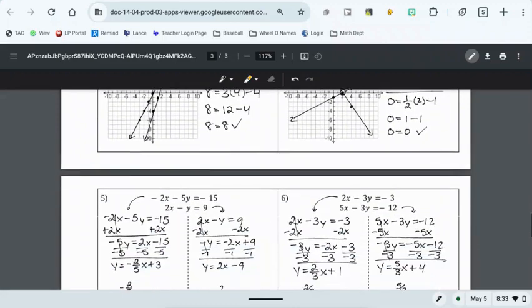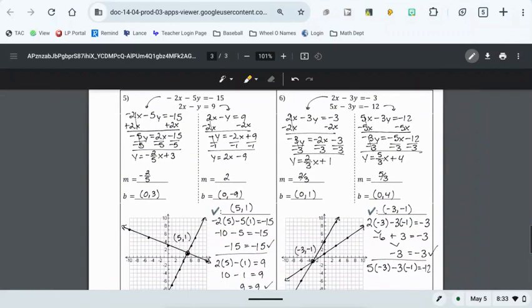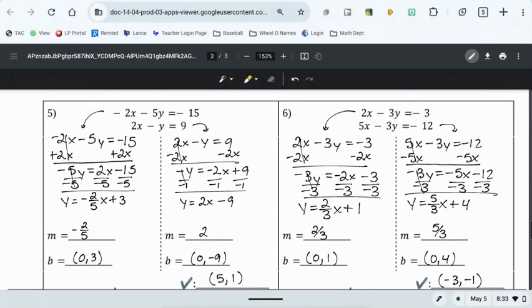All right, let's go on to number 6. So this one we had to solve our two equations to put them into slope-intercept form. With the first one, you can see right here that it's y equals 2/3 x plus 1. So check that first. If you did not get y equals 2/3 x plus 1, then that's your first mistake.